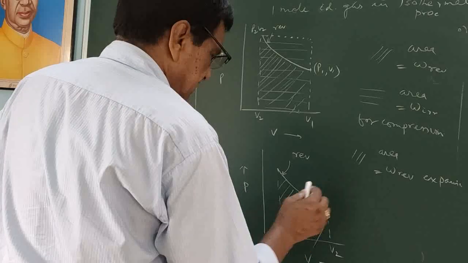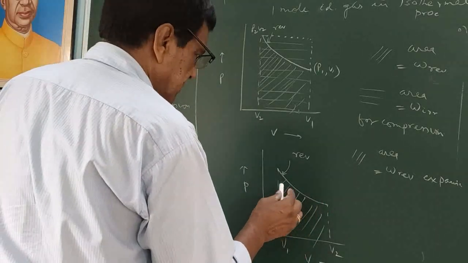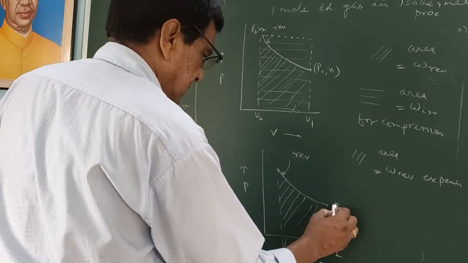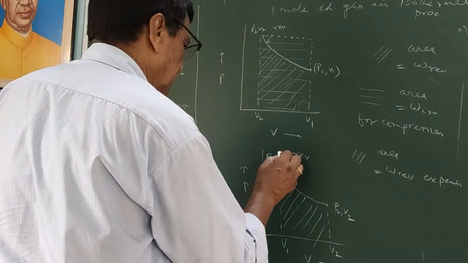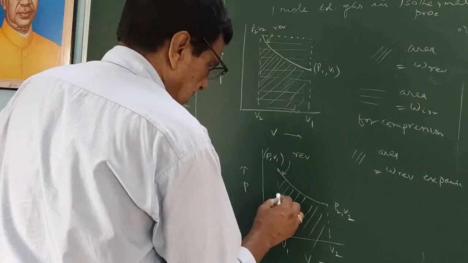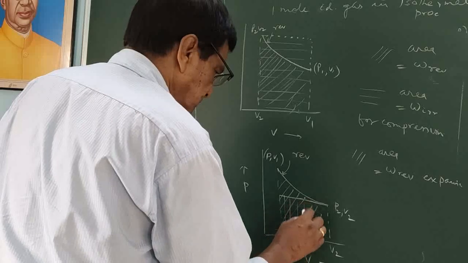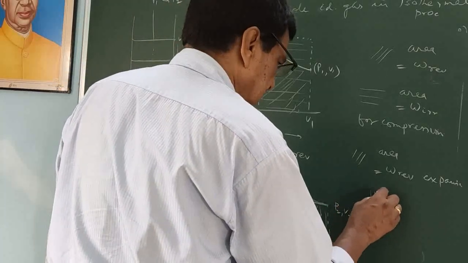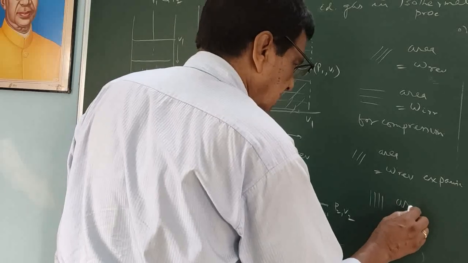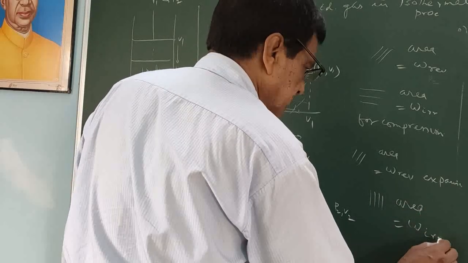So whenever this was done in irreversible process, this one is P2 V2, and here it is P1 V1, and this area is the work done in irreversible process.